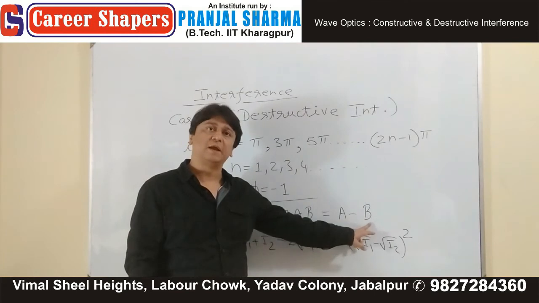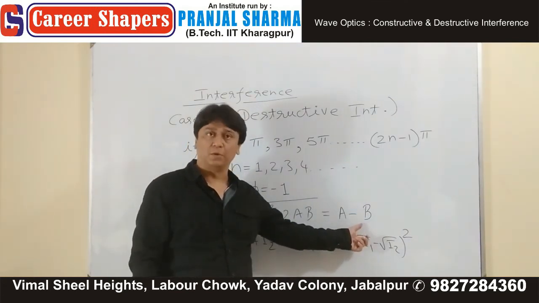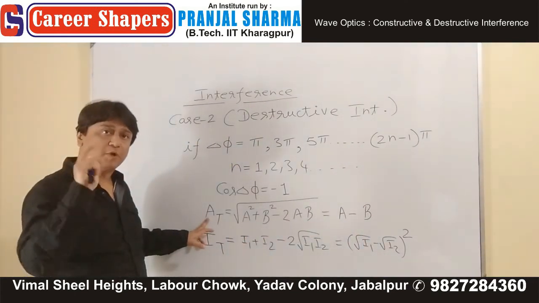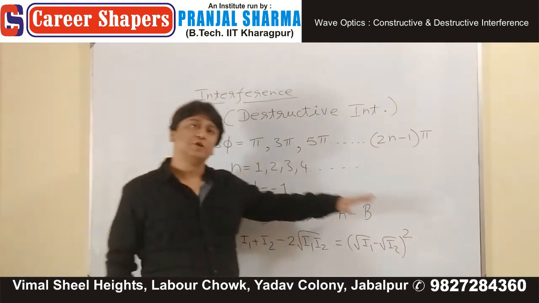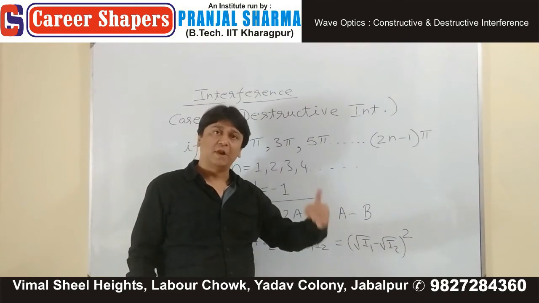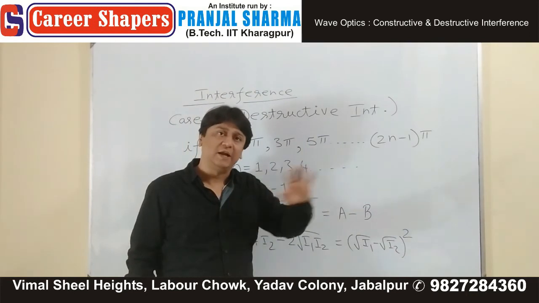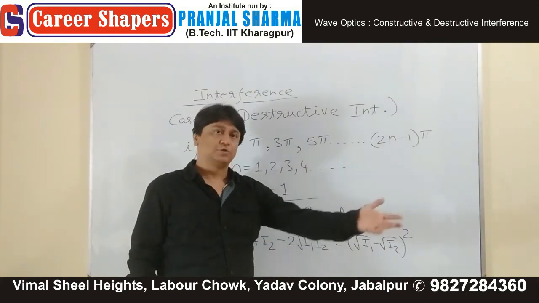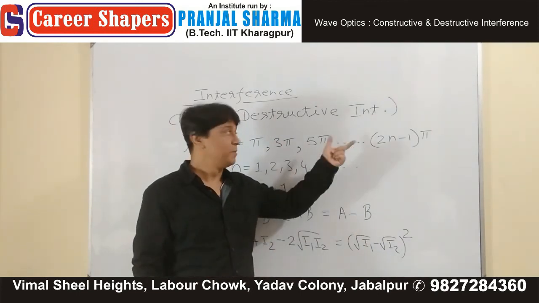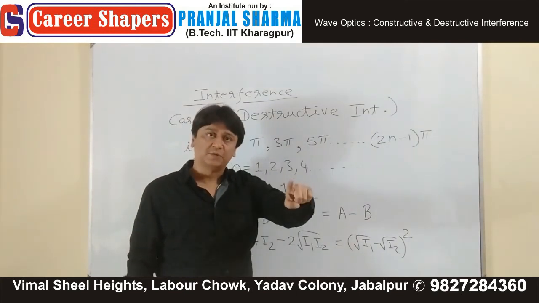Suppose A and B are the same, 10 and 10. 10 minus 10 will become 0. What is A total? Maximum electric field due to the superimposed wave. If that becomes 0, there is no electric field left. Then at point P, you will find a completely dark spot, which is called a dark fringe. The phenomenon is called destructive interference.